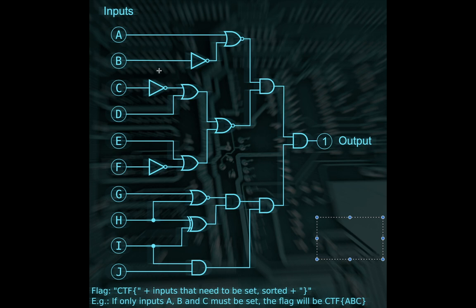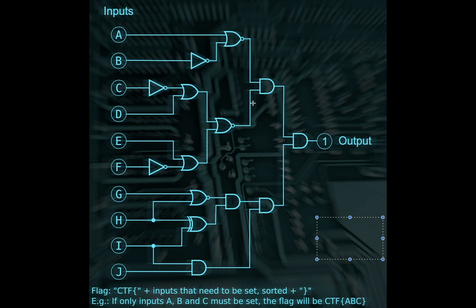So A is 0 for sure. And B, I don't know what that one is, but I'm assuming that it is a negation. Yeah, it's a negation, right? So for OR to be 0, this also has to be 0, and for this to be 0, this has to be 1. So B is set in our final answer.